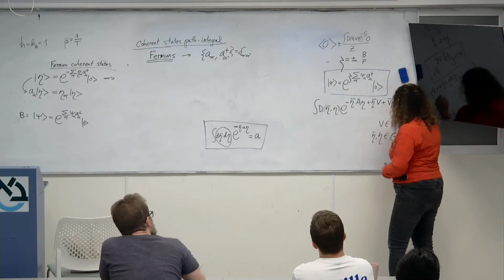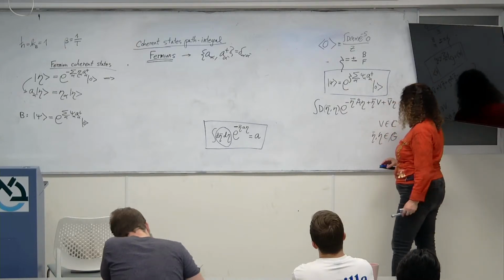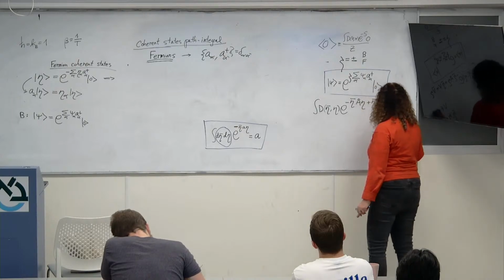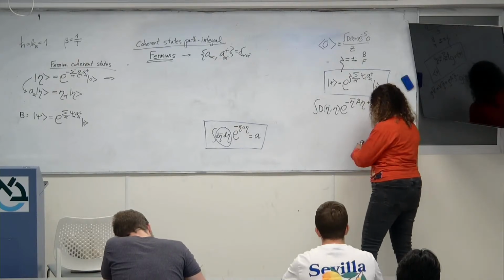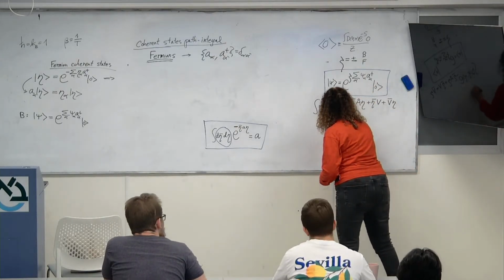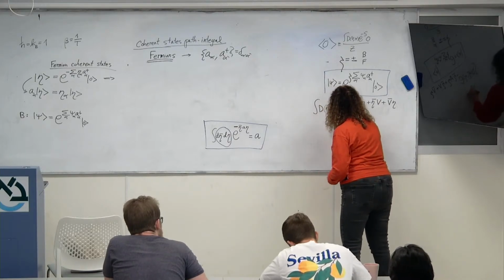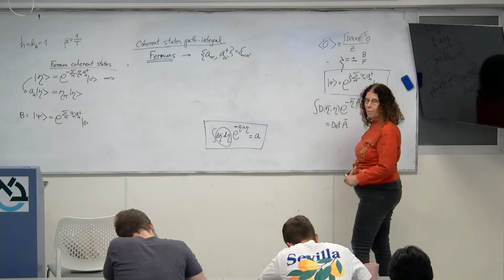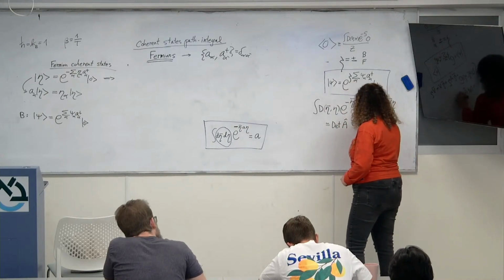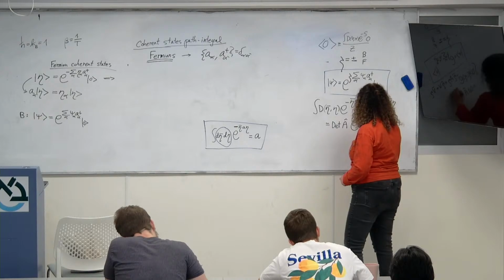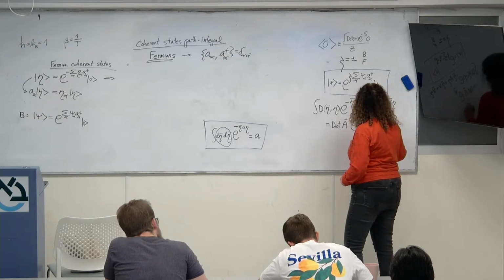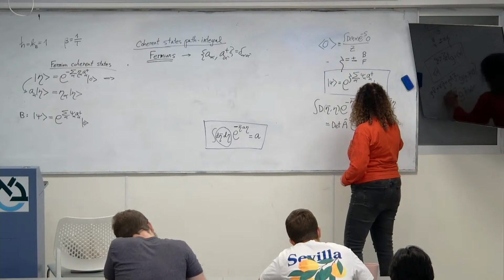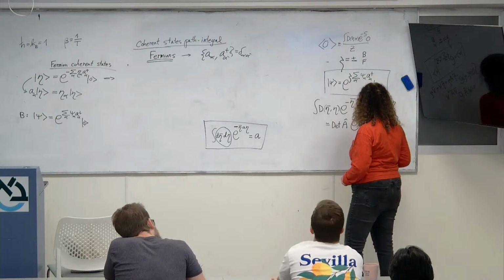Okay, so the result of this integration is there is a determinant of A, right? But there is also an exponential factor that looks like this. It's v bar A to the minus 1 v.